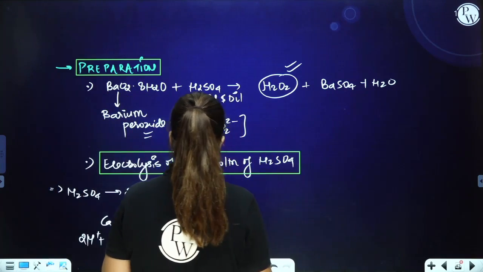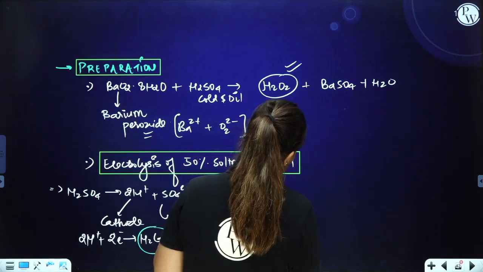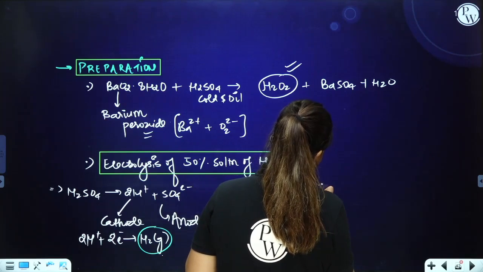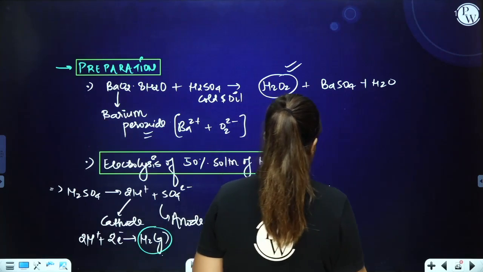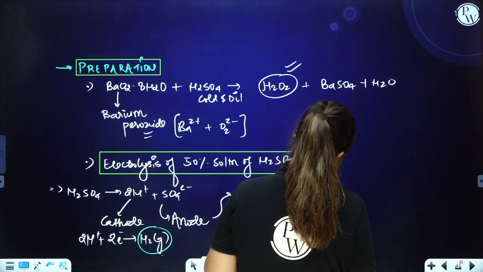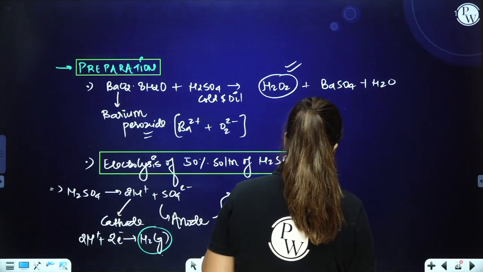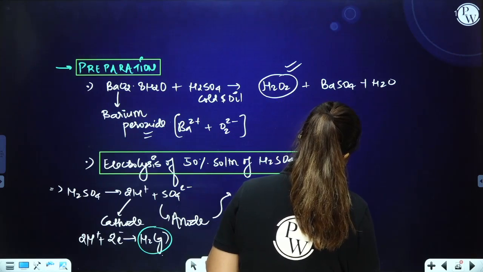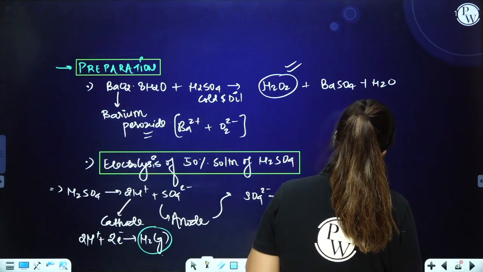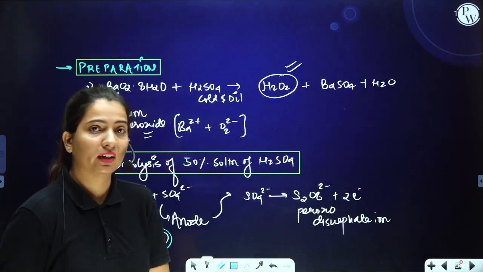What about the anode? On the anode you have the sulfate which will convert into S2O8 2 negative ion. Not peroxide, I should write, it will convert into peroxo disulfate ion.